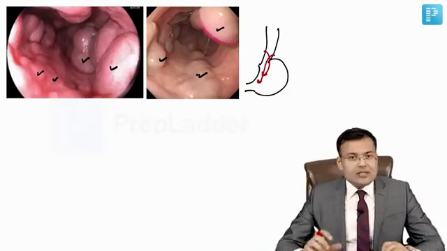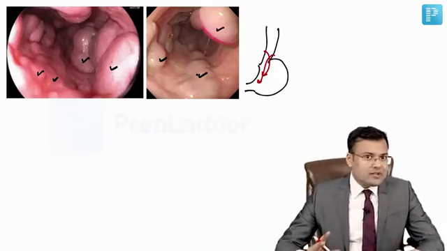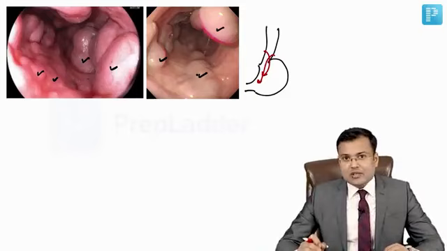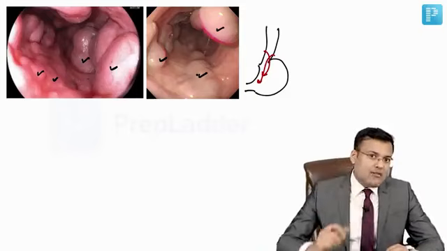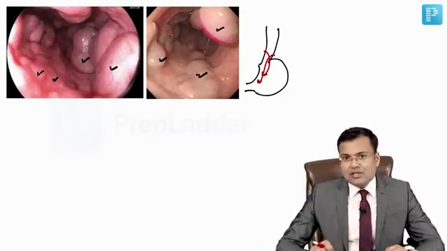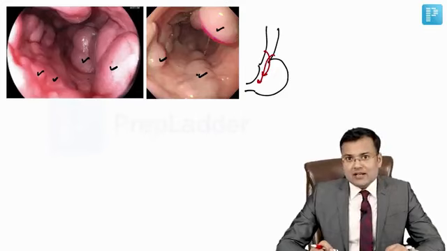Whenever these patients are brought to your emergency, what is the first step after airway, breathing and circulation? Put 2 large bore IV cannulas, start IV fluids, and what is the fluid of choice? Ringer lactate.